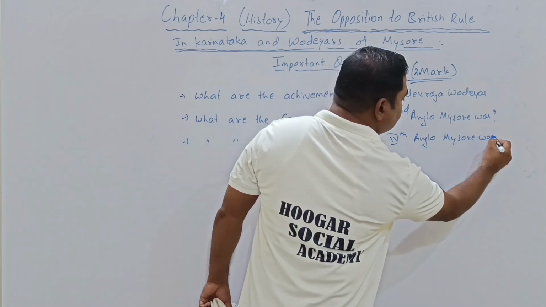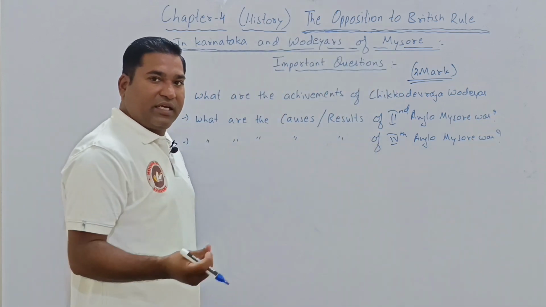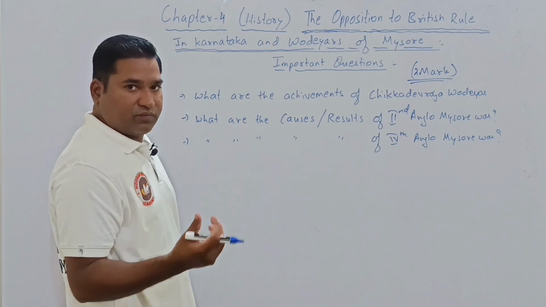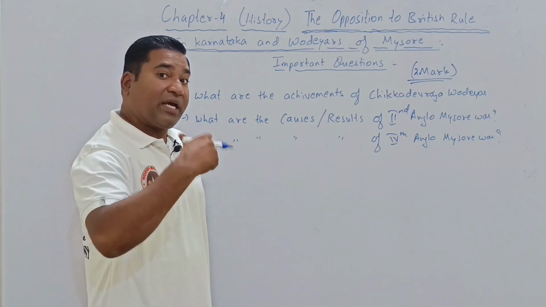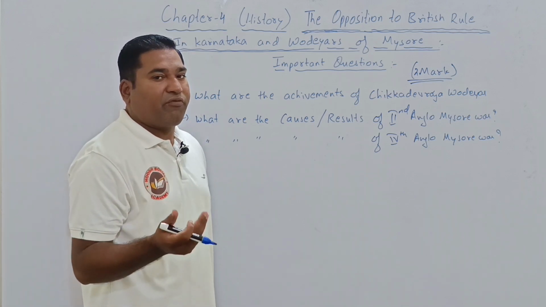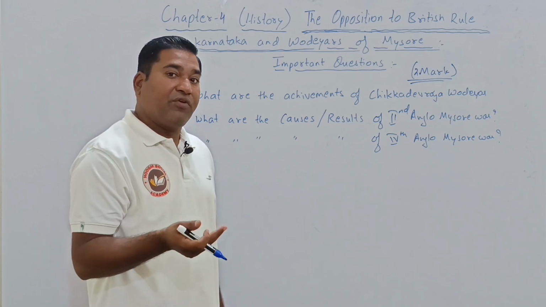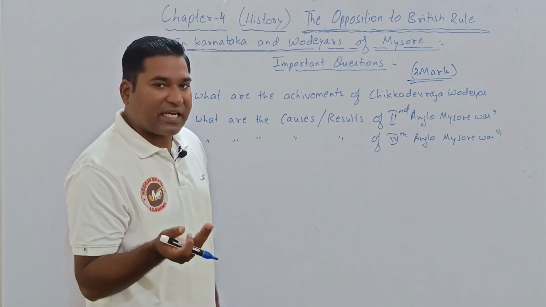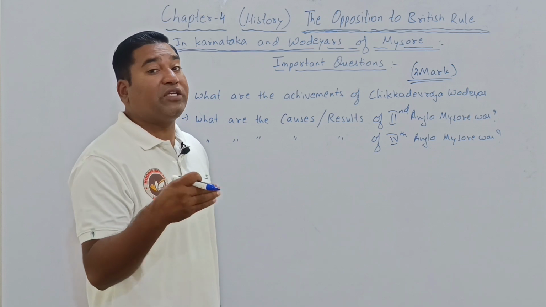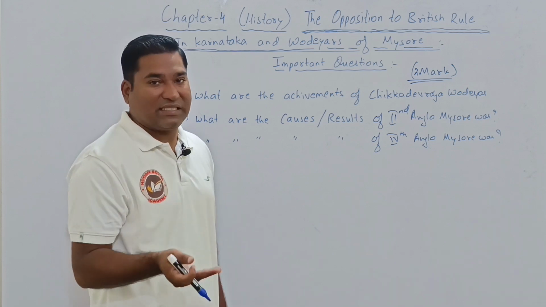Very important. And moreover, in these Mysore wars, you can even prepare for 1 mark in the form of which were the treaties signed in the first, second and third Anglo-Mysore wars. Which are the treaties signed?